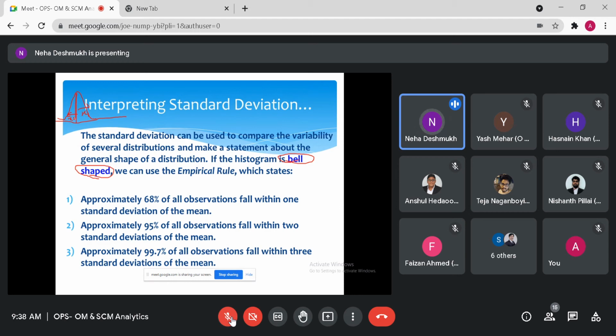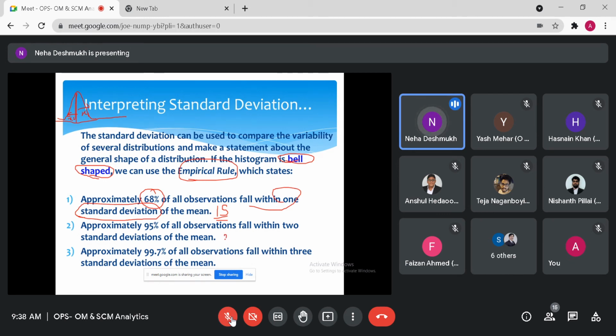So when the data distribution is bell-shaped or a normal distribution curve is there, at that time we can apply the empirical rule. What is the empirical rule? If the observations fall within one standard deviation of the mean, I repeat, within one standard deviation of the mean, 68% of all the observations fall in this range.